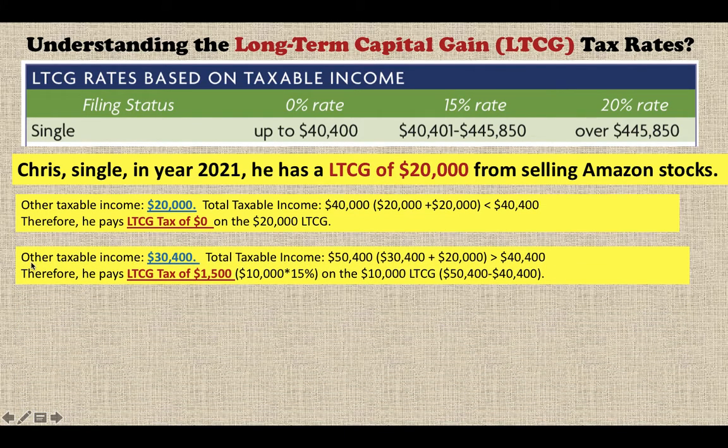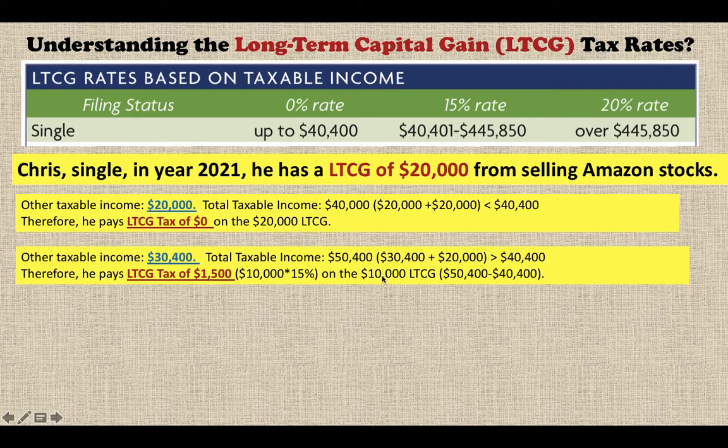So let's say Chris's other taxable income is 30,400. So the total taxable income will be 50,400, equal to other income plus the long-term capital gain. This total taxable income is greater than 40,400.